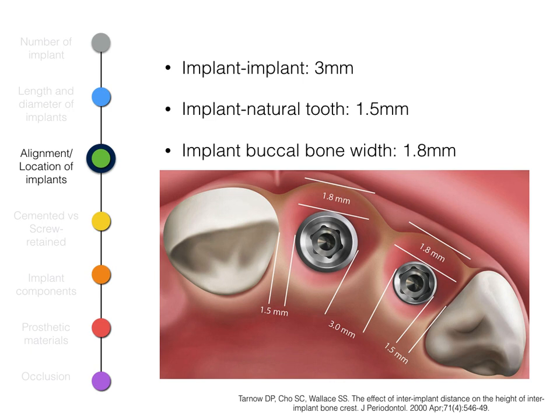Finally, the dental papilla will be lost and cause what we call the dark space, which will cause an unaesthetic result. Also, the implant buccal bone width needs to be over 1.8 millimeters, so it will be enough to support the buccal plate. If the implant doesn't have the buccal plate to support it, then there will be some deficiency in the long-term result.